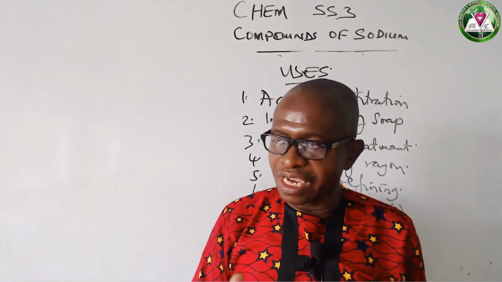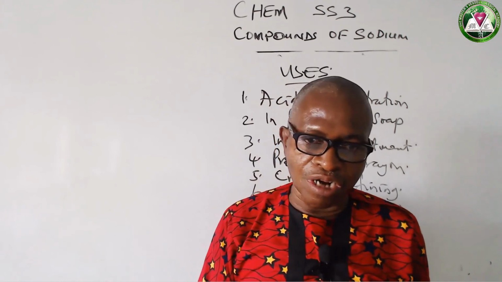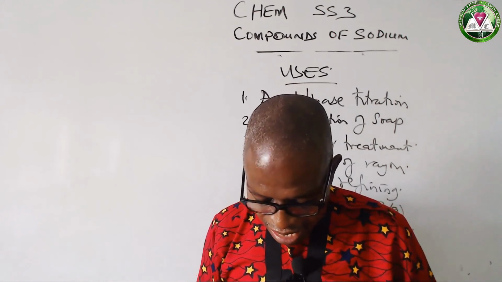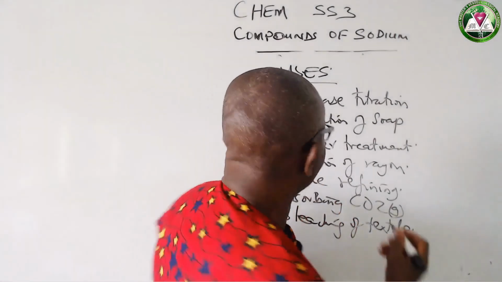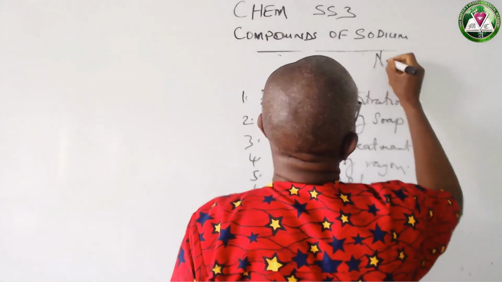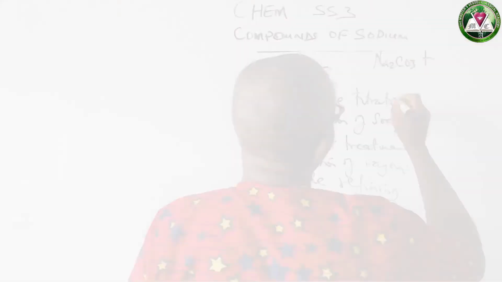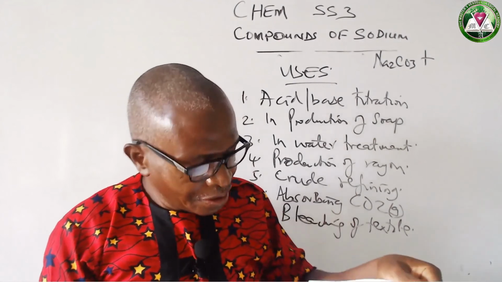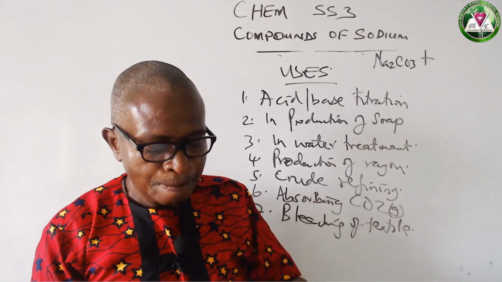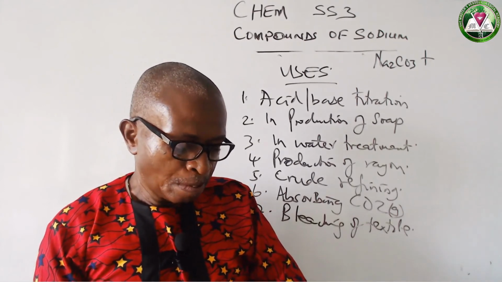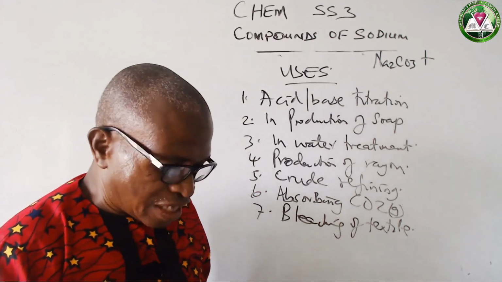We say that the Gossage process is the double decomposition of sodium trioxocarbonate(IV) and calcium hydroxide to give you sodium hydroxide.